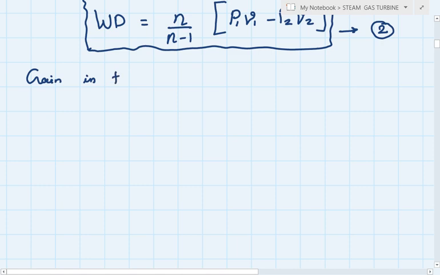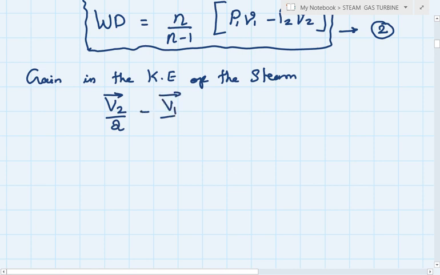Gain in the kinetic energy of the steam is nothing but V2 square by 2 minus V1 square by 2.